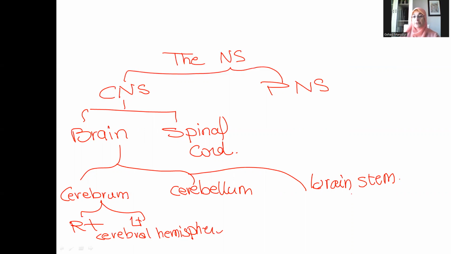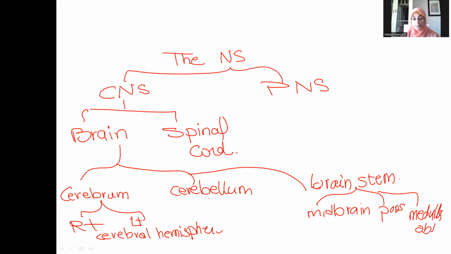The brainstem, as you know, consists of the midbrain above, and then we have the pons varolii, and then we have the medulla oblongata, the lowermost part. And of course, the cerebellum is connected to the brainstem and connected to the cerebrum.